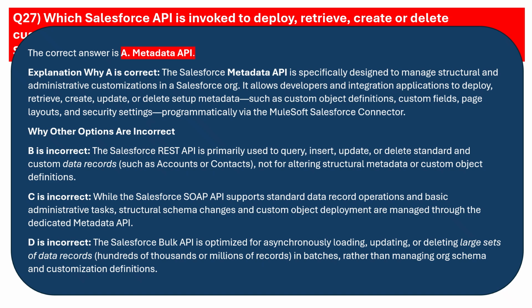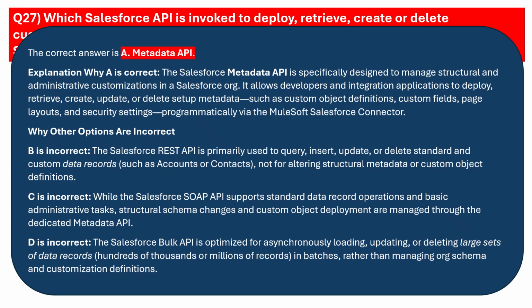Why other options are incorrect? B is incorrect. The Salesforce REST API is primarily used to query, insert, update, or delete standard and custom data records, such as accounts or contacts, not for altering structural metadata or custom object definitions. C is incorrect.